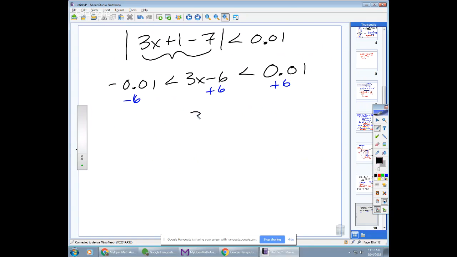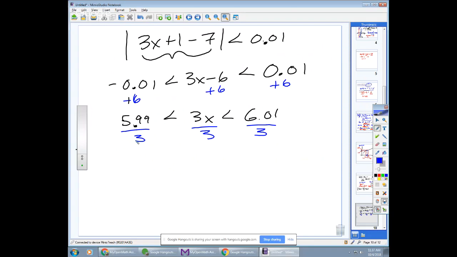So then we get 3x is less than 6.01 and greater than, add 6, sorry, 5.99 on that side. All right, so then we're going to get rid of the 3. So I divide blue, let's say, by 3 everywhere.